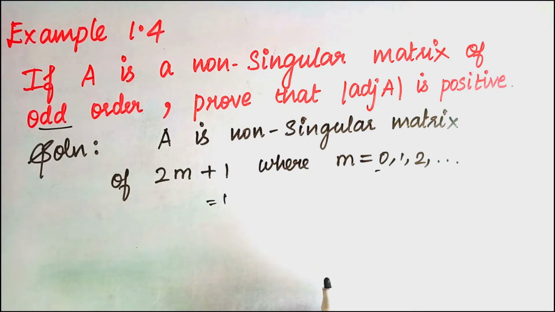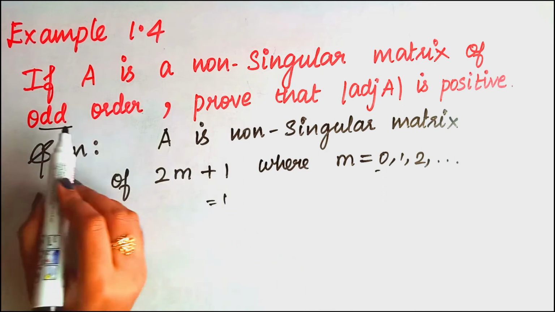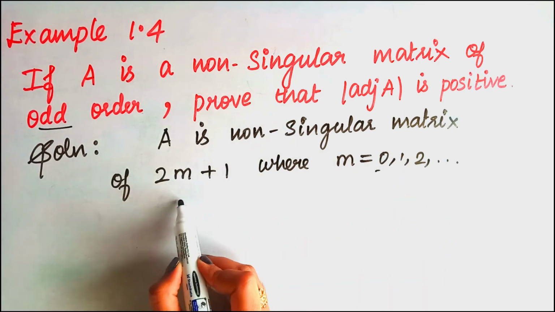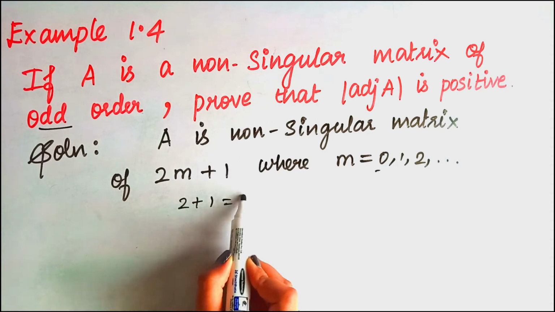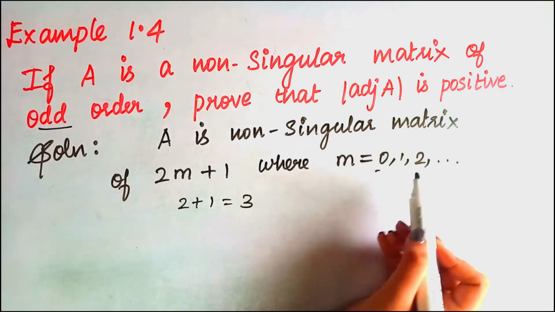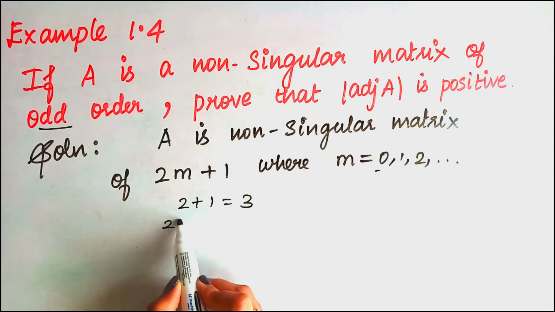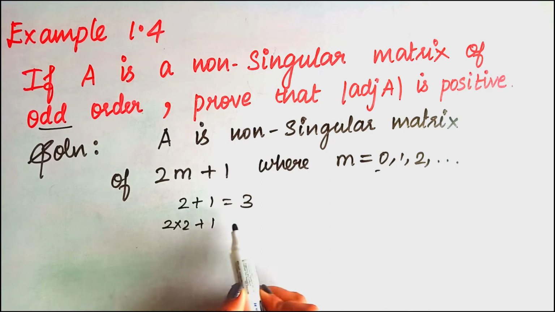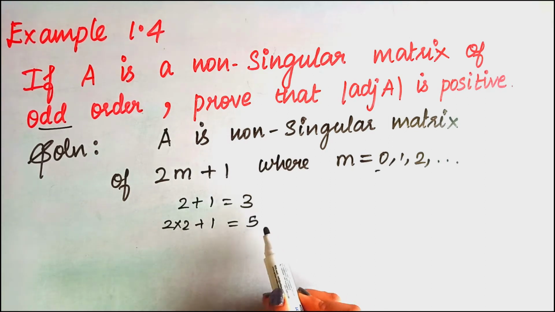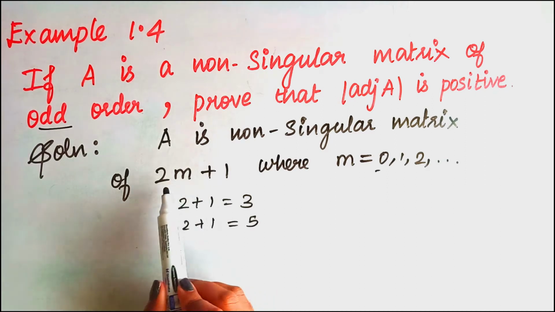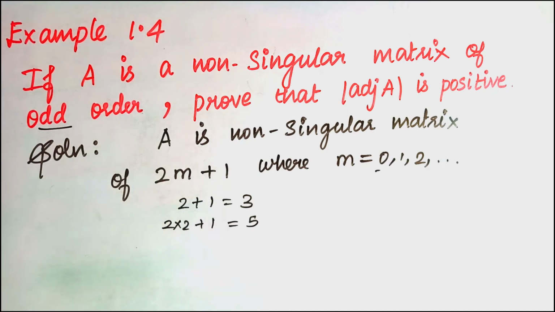The answer will be 1, which is an odd number. Now let's substitute 1 here. 2 into 1 we'll get 2, 2 plus 1 it will be 3, which is again an odd number. Similarly, substituting 2 in the place of m, we'll get 2 into 2 which is 4, plus 1 we'll get 5. This is also an odd number. So instead of odd number, I'm writing a general term, 2m plus 1.